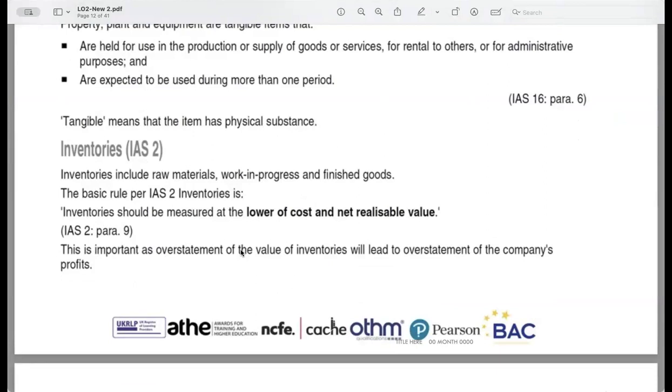This rule ensures that inventories are not overstated, which would otherwise lead to an overstatement of the company's profit. The notes will often detail the method used for valuing inventories, such as FIFO, first in, first out, or weighted average cost, along with any write-down to net realizable value.